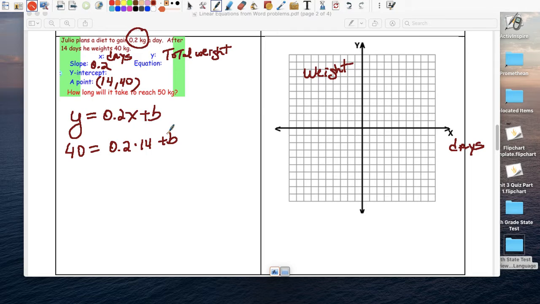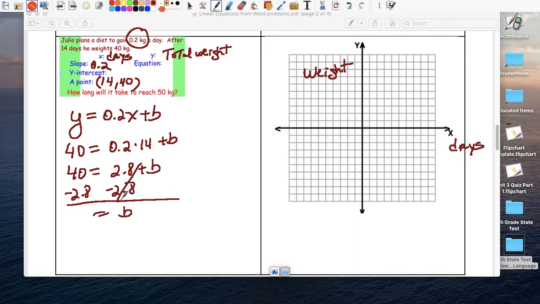So, 1 second, please. And we have 0.2 times 14, which equals 2.8, plus b. I subtract 2.8 from each side. That goes away. 40 minus 2.8 is 37.2.